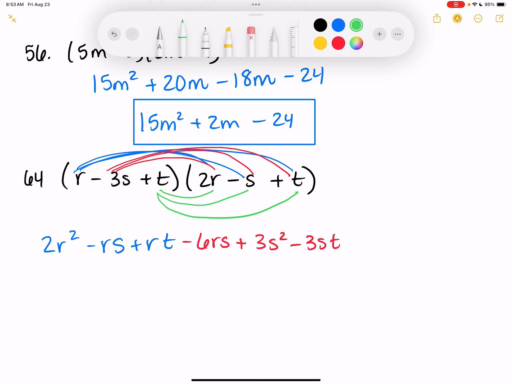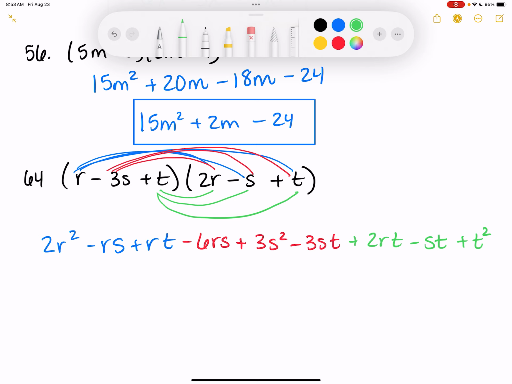So that's that part. And then the t times everything. This is going to be plus 2rt minus st and plus t squared.